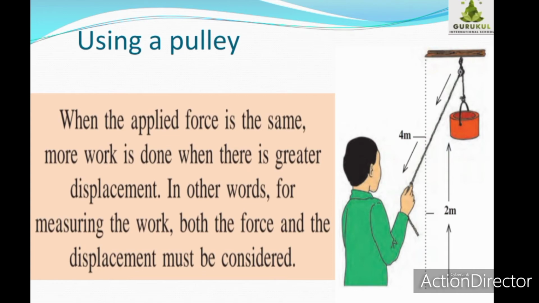But at first, as we are lifting it up to 2 meters only, the work will be less, and when we are lifting it up to 4 meters, the work is greater. Why? Because the greater displacement is taking place. So in other words, for measuring the work, both the force and the displacement must be considered.